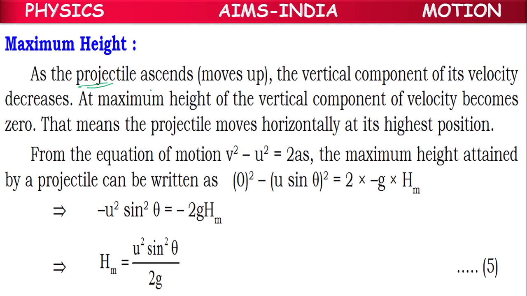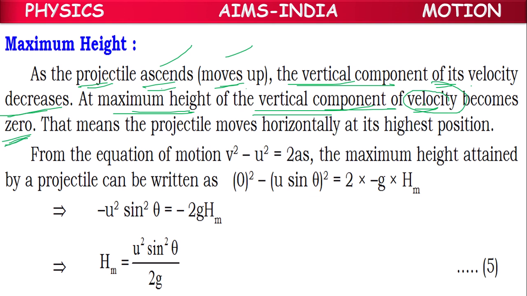As the projectile ascends, meaning moving up, the vertical component of velocity decreases continuously, and at maximum height the vertical component of velocity will become 0.